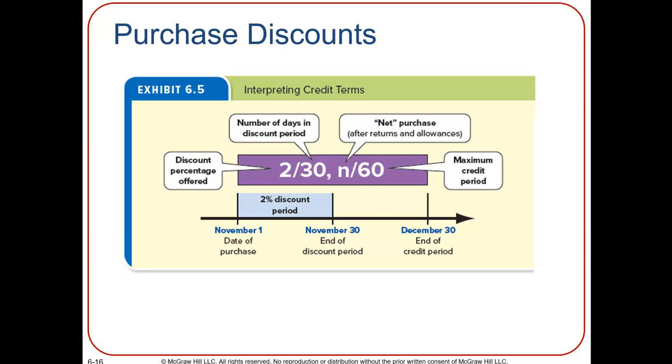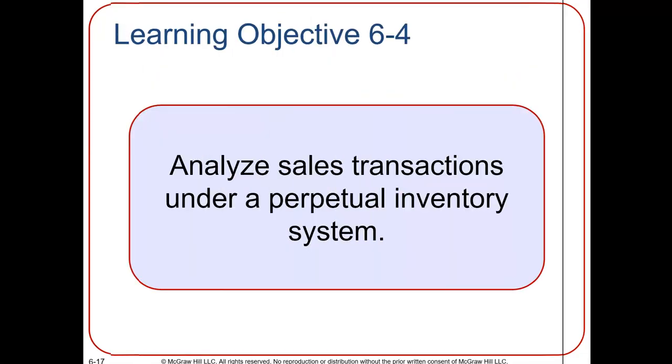It would be cheaper for us to borrow against that line of credit and pay this invoice off if they're offering discounts. Because the bank's only going to charge us 6% per year. These folks are going to charge us 24% per year. You follow? So, cheaper to borrow it. Okay? All right.